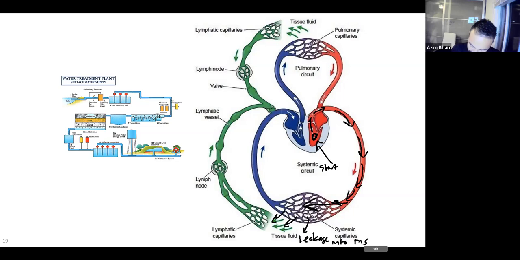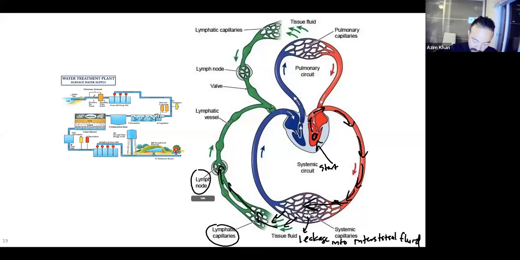We've leaked into the interstitial fluid. Some of that fluid stays in the interstitial area, but we want to absorb excess fluid. So some fluid will get absorbed by lymphatic capillaries.